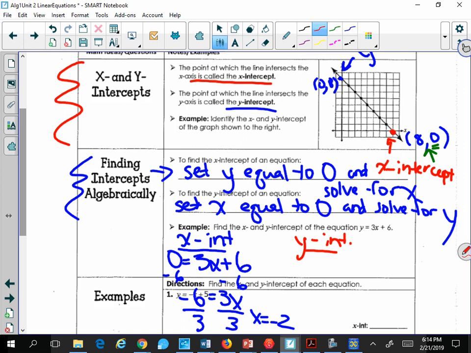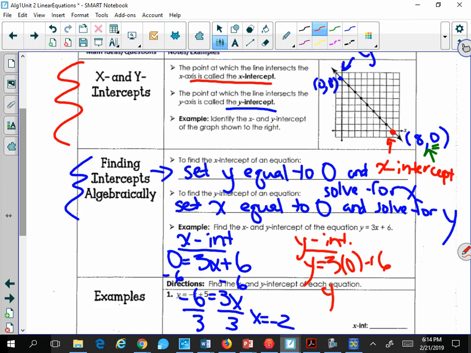Second thing here, my y-intercept. We said, if I'm finding my y-intercept, I'm going to set my x equal to 0. Now this one's a little bit easier for us, at least in this specific case, because now I'm going to say y equals 3 times 0, because remember, I want my x to equal 0 when I'm crossing the y-axis, plus 6.